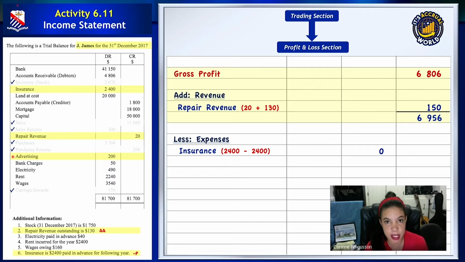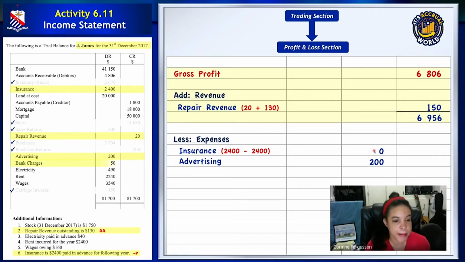Don't ignore it. It is an expense, so it still goes into the income statement. So you go under expenses, you put advertising. Since there are no adjustments to be done, meaning no accruals or prepayments, you just put exactly the amount that is in your trial balance, which is $200, and you move on.